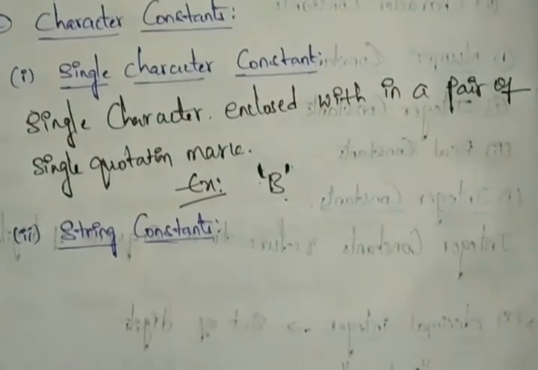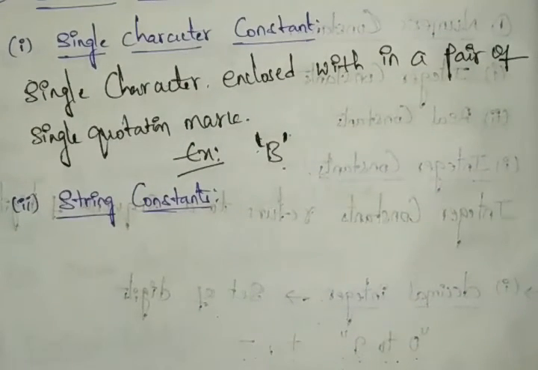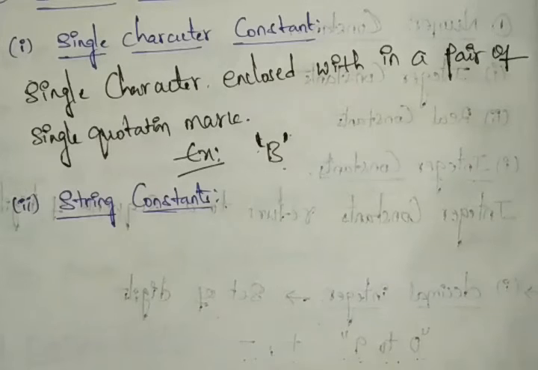And next we have the string constants. Here the string constants are nothing but a combination of our single character constants. Whatever constants you have, in combination you will get some words, and with the words we can make sentences, right? Here these characters can be letters, numbers, special characters, blank spaces, anything.